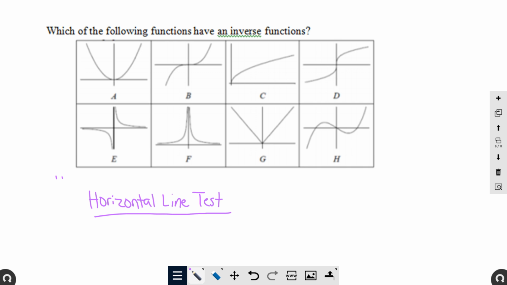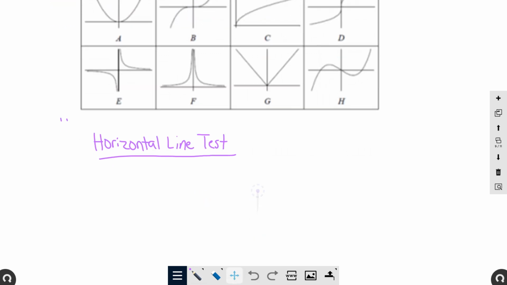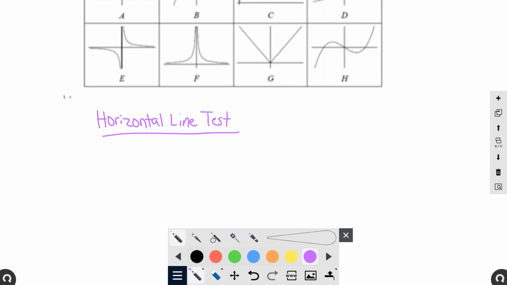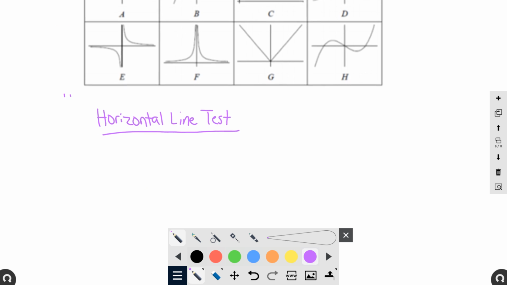So what did the vertical line test say? If it hits only one time, it is a function. If it hits more than once, it is not a function. So this one's the same way, except we talk about the inverse being a function.